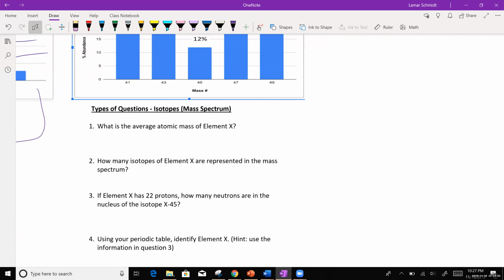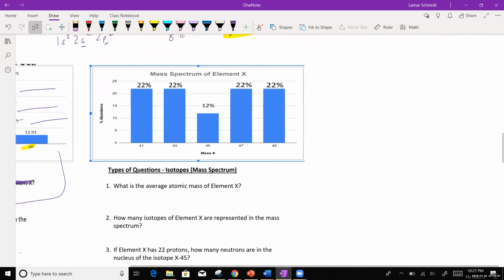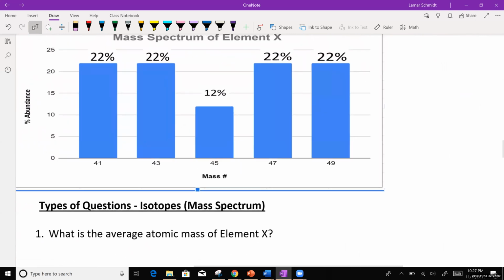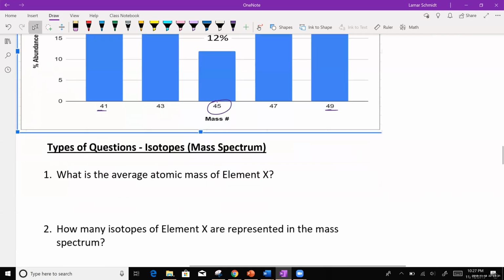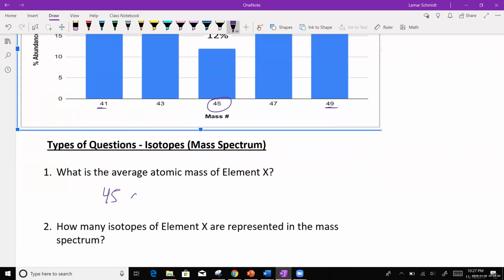All right, the next part says, what is the average atomic mass of element X? You could do the same thing that we did before. You find the center between 41 and 49, and you'll see that that is 45. If you tip the scale, you're going to have 44 on this side and 44 on this side, so you are not going to tip the scale. The average is going to be 45 AMU.